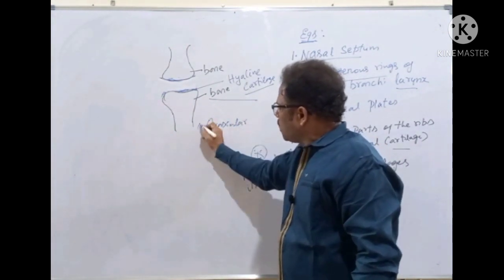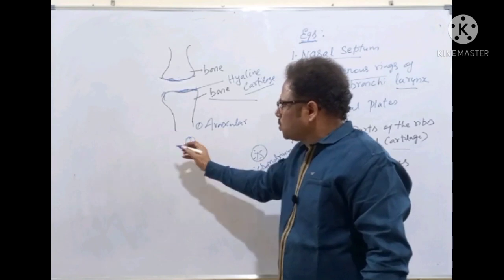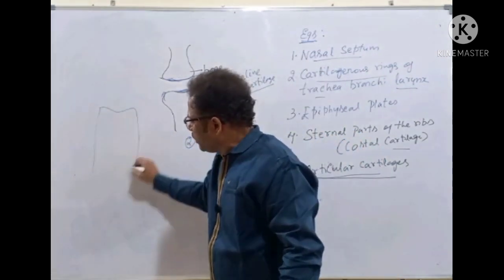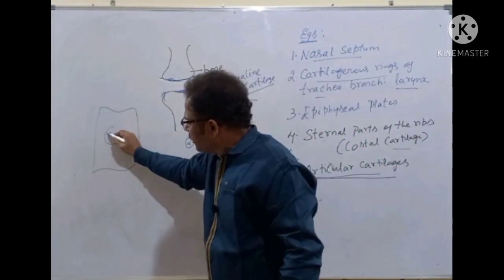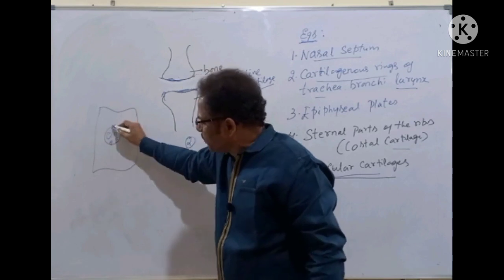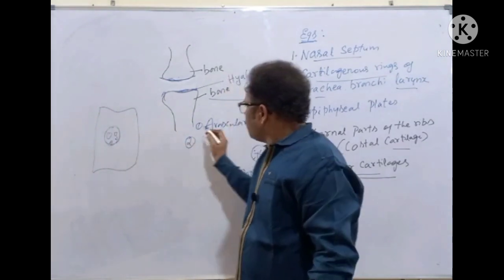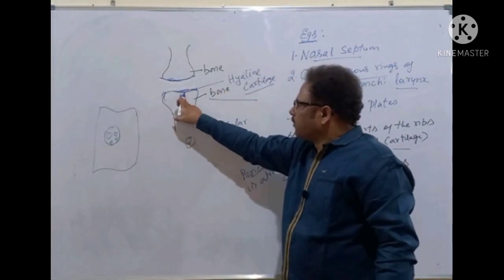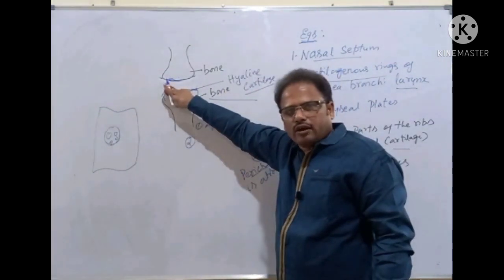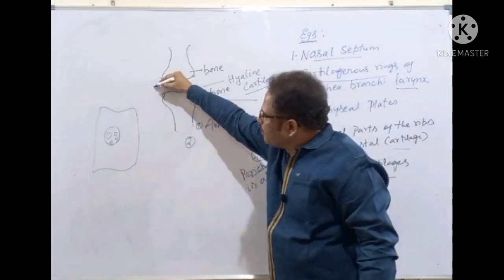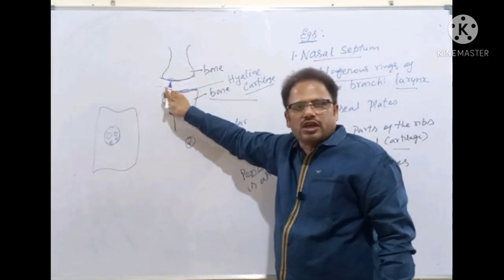The chondrocytes are entrapped here, present inside the lacuna. So when the cartilage is damaged, if the blood supply is there, what happens? The nutrients can be supplied and the cartilage can be regenerated.